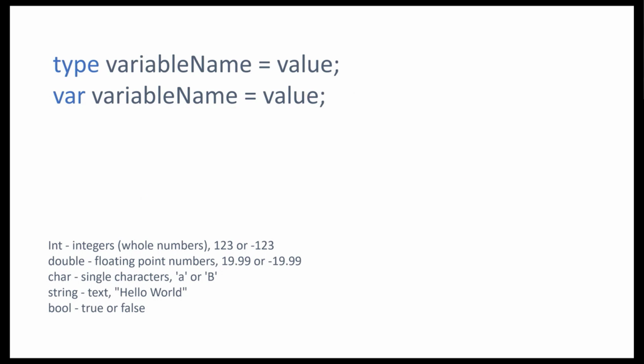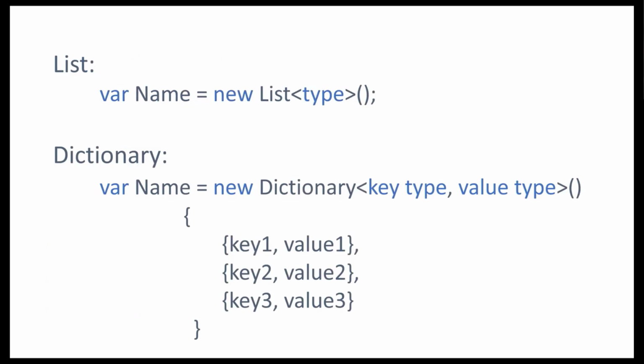So that's it for the variables. Then we have lists and dictionaries, also very useful. To define a list in C#, you just say my variable, give it a name, is a new list, and here you have to give a type of the objects in your list.